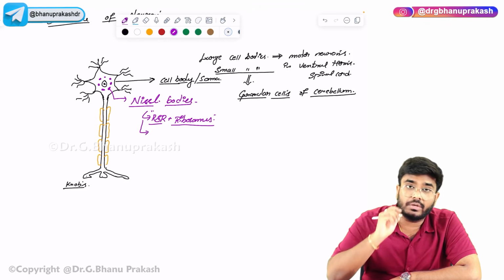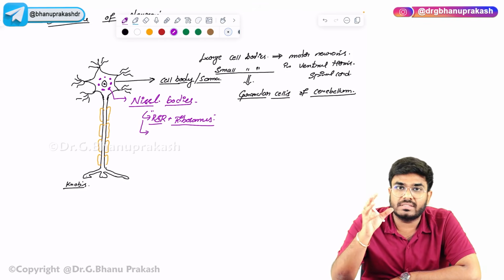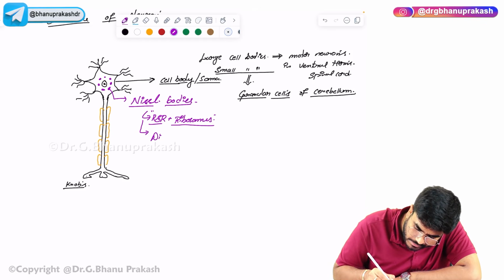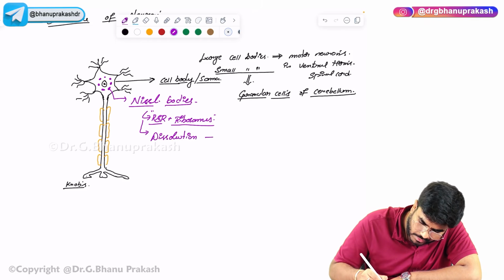Whenever there is damage to the neuron, there will be dissolution of these Nissl bodies. That process is called chromatolysis.